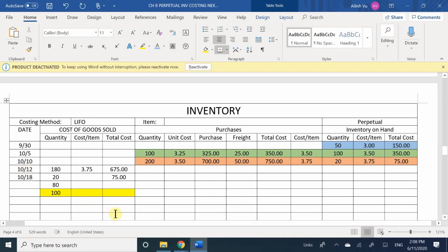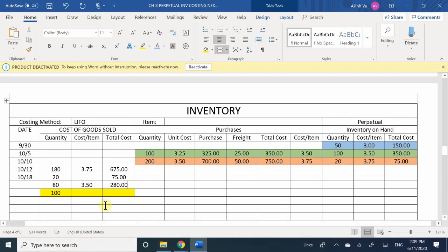And then what do we know about the second batch? How much is it going to cost us to sell? 350. And if someone could please calculate that, what is 3.50 multiplied by 80? 280. $280.